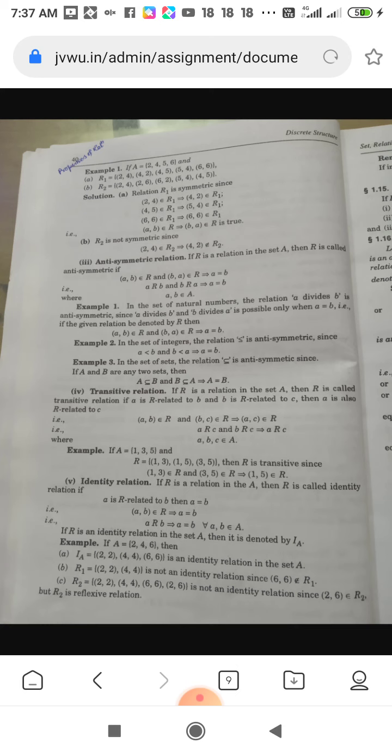Reflexive: R is a relation in set A, then R is called a reflexive relation if every element of A is R related to itself, or in other words, (a, a) belongs to R, or aRa.